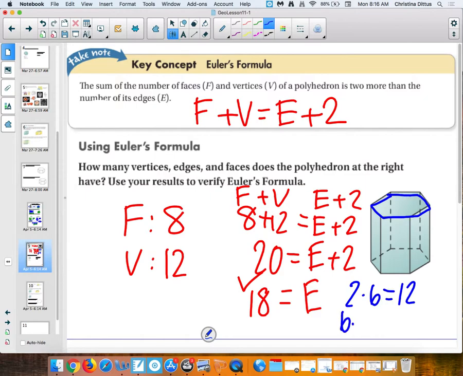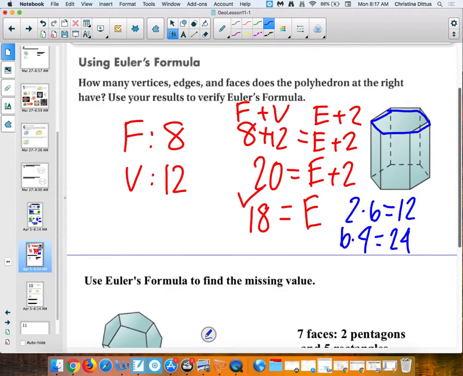And how many sides do rectangles have? 4. When I add those 2 up, I get... But you'll notice that this side right here is a part of this rectangle and this rectangle. So divided by 2. So you got half. Which is where edges come from.